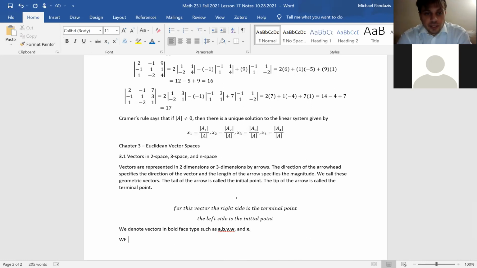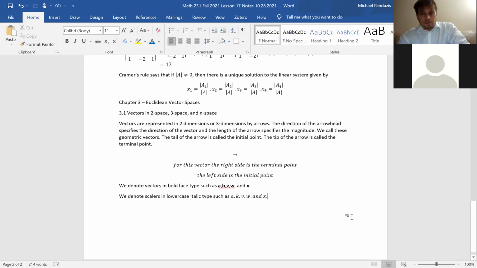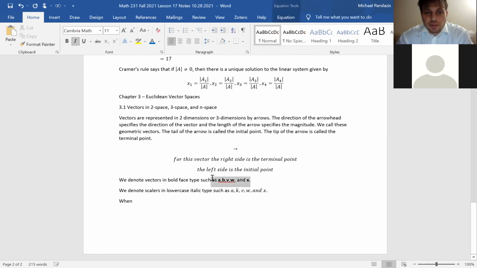And we denote scalars in lowercase italic type, such as a, k, b, w, and x. If we don't have a lot of time, I may not be able to bold everything, but that gives you an idea how you can differentiate between vectors and scalars. I'll make it clear what we're talking about.